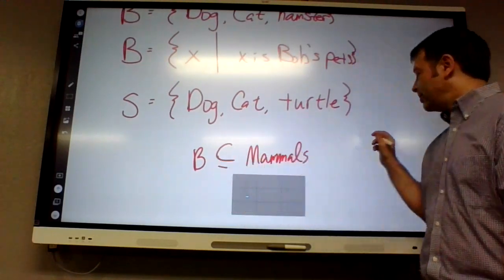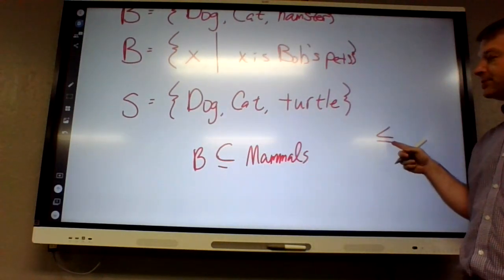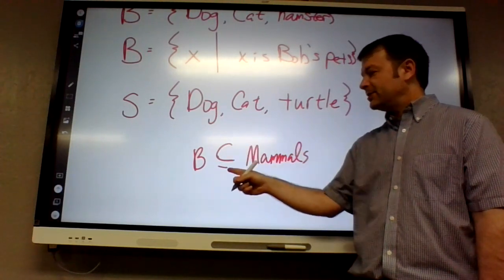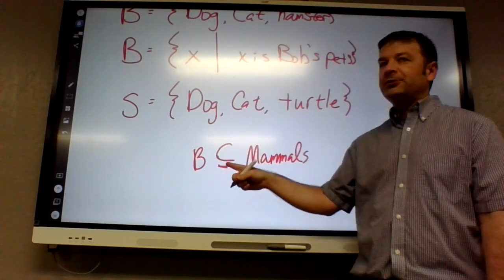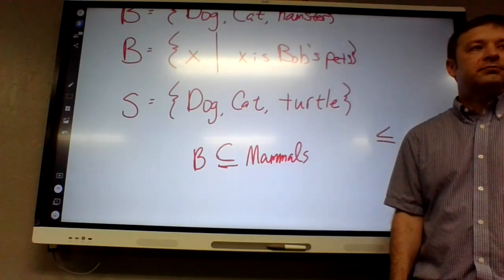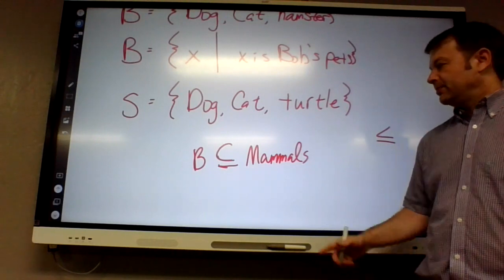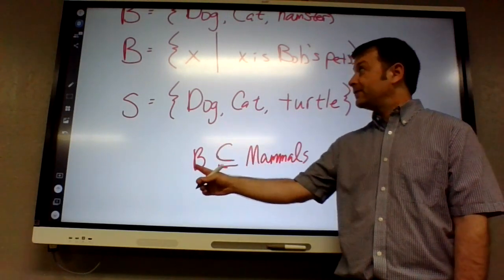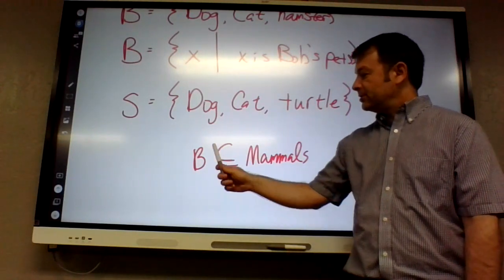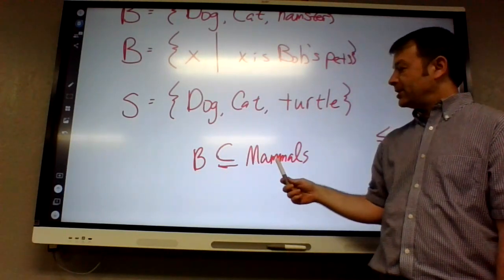You remember how on less than, it's like less than or equal to? That's kind of what this means. So if it was mammals a subset of Bob's pets, that's wrong. Mammals are not a subset of dog, cat, hamster, but dog, cat, hamster are a subset of mammals.